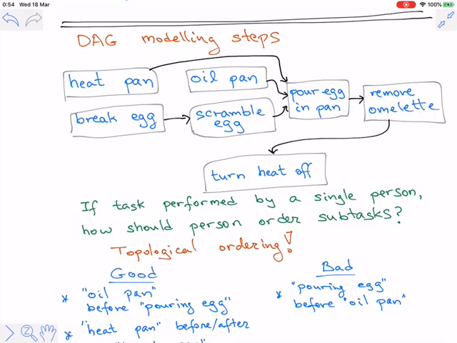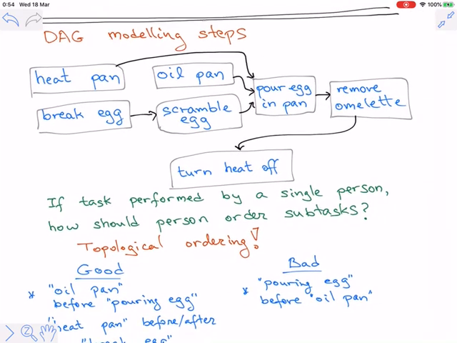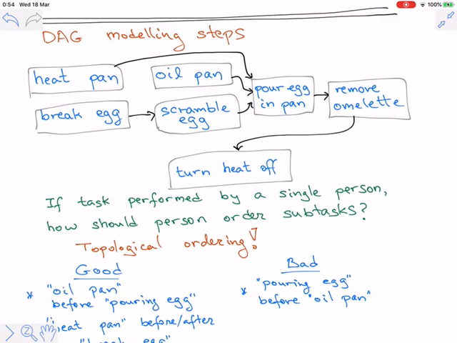This is your opportunity to learn how to prepare an omelette. And if you already know how to prepare an omelette, this is your opportunity to verify that I know how to prepare an omelette. Okay, so what I wrote here are subtasks that are required in order to prepare an omelette. Heating the pan, oiling the pan, pouring the egg into the pan, removing the omelette, and of course turning the heat off.